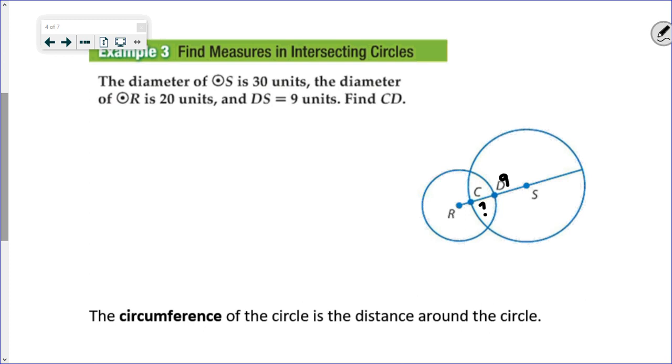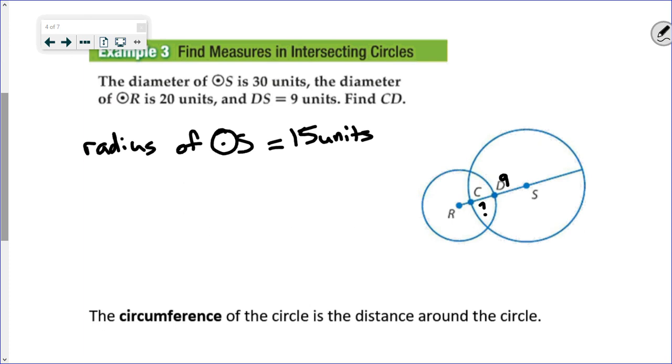All right. Well, what can we do? So what would the radius of S be? If the diameter of S is 30, then the radius of circle S would be half the diameter, so half of 30 would be 15 units. So the radius of S is 15 units.